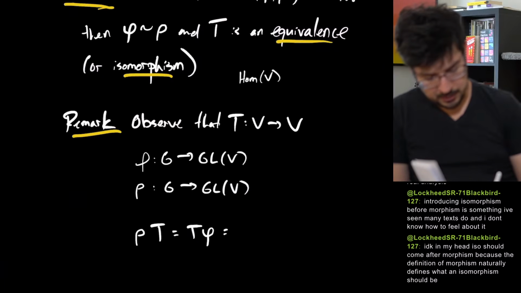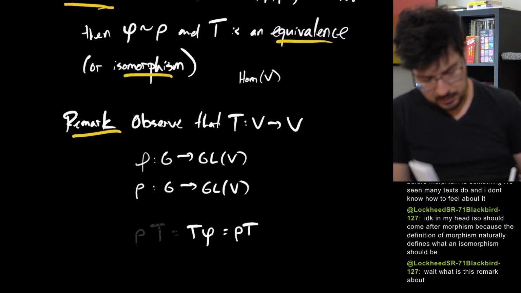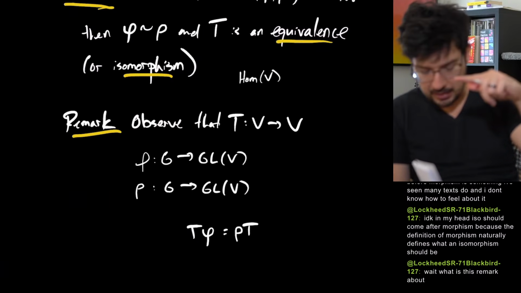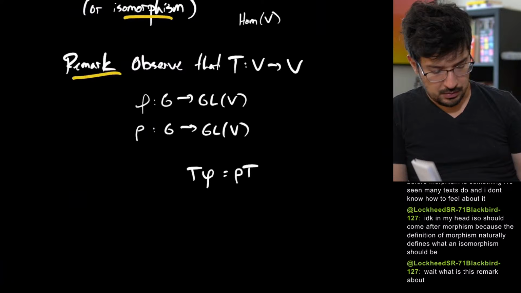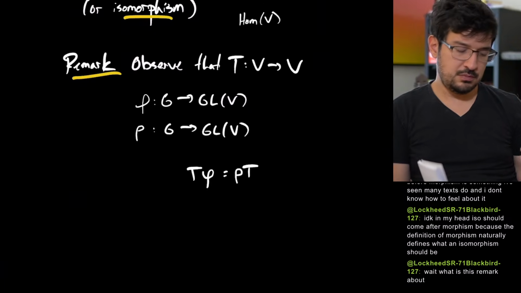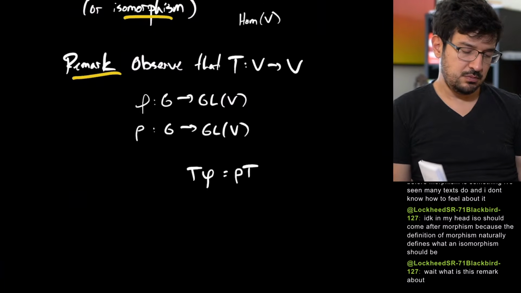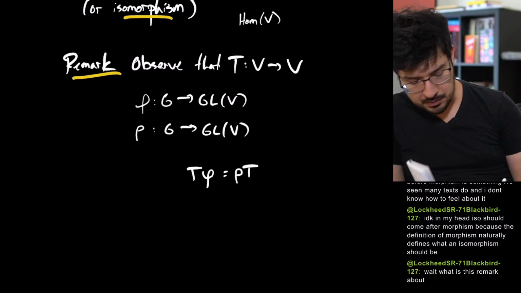I think T phi equals rho T. It's more conventional to write, but this time I thought of the square in my head and was able to write this down. And if T is... I don't know what's next.